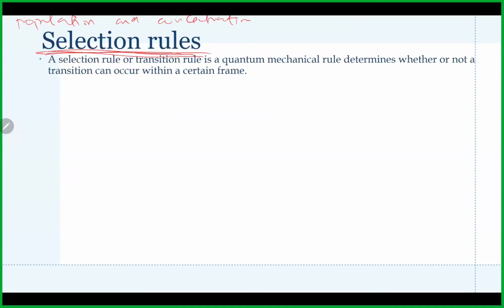Meaning that you may have enough population in the initial state, you may have the right energy, you may have enough light to shine on the sample, and your absorption path length might be very long, such that you have enough time to absorb the light, and still nothing takes place. This is where the concept of selection rule comes in.